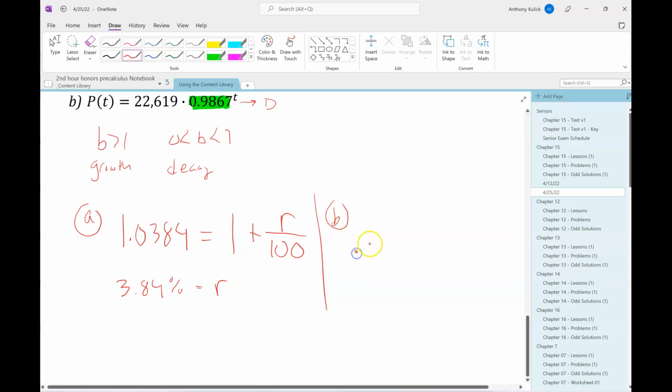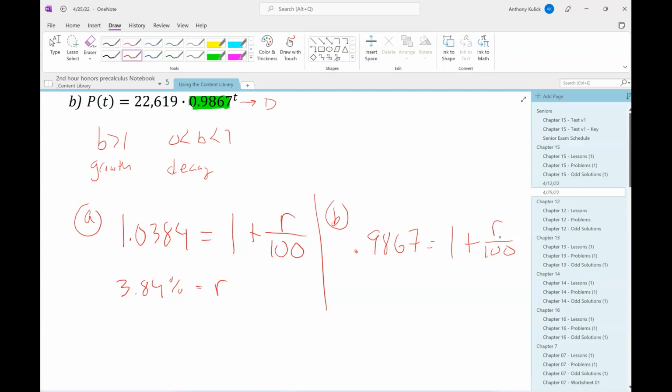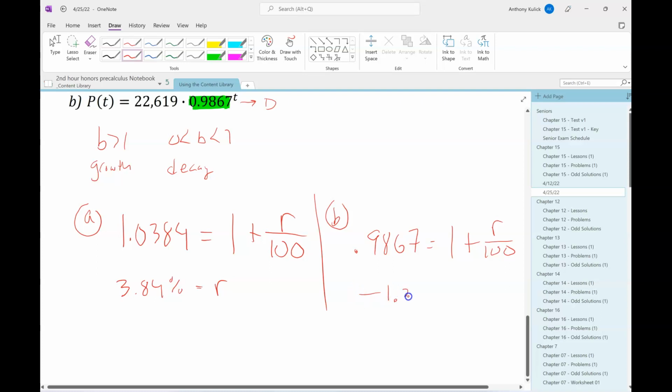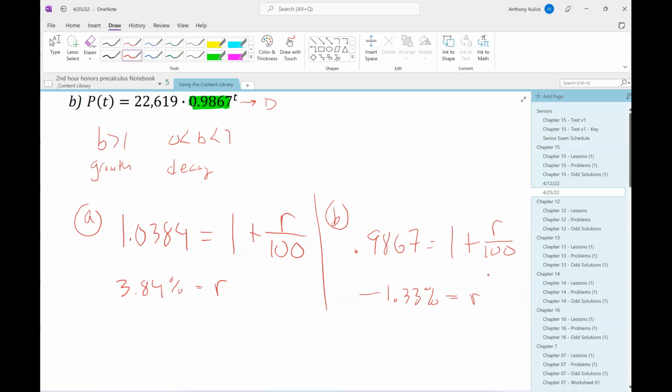Do the same thing for part B. So do the same thing here. We get our R is negative 1.33.